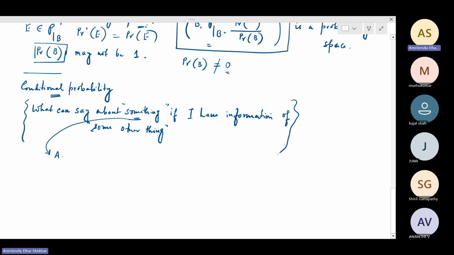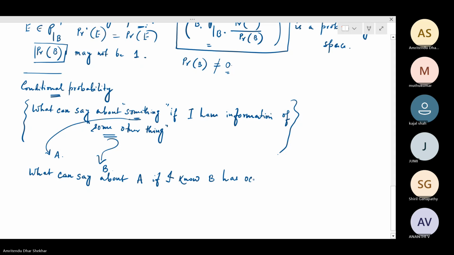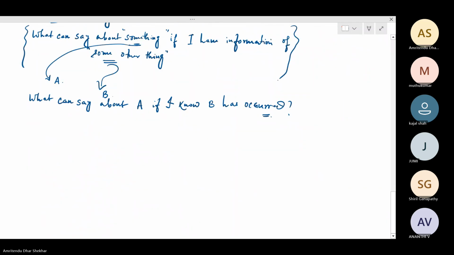Let's say some event A, and this some other thing also translates to some event B. So in other words, we are asking: what can I say about A if I know B has occurred?